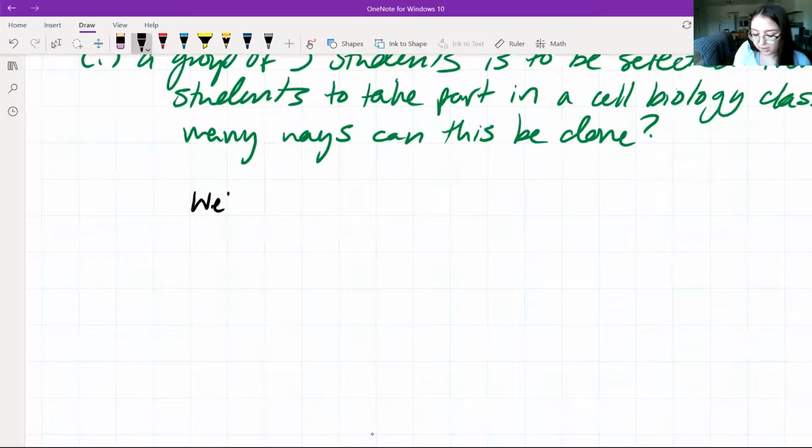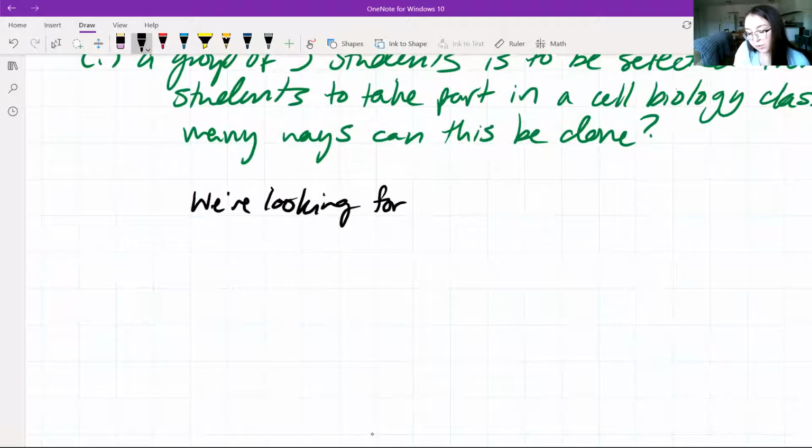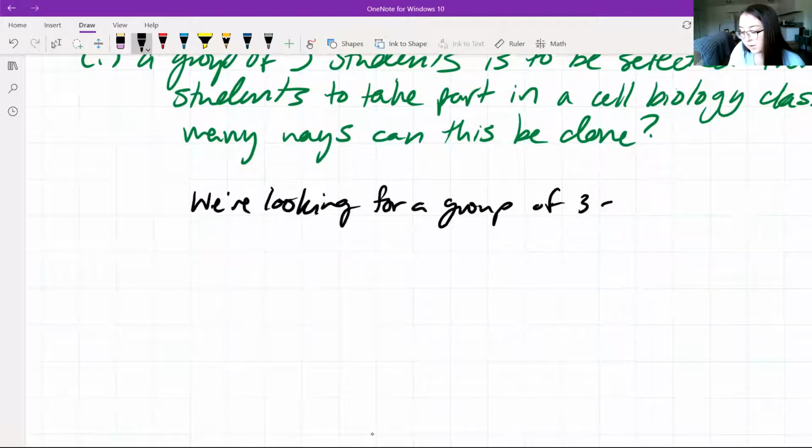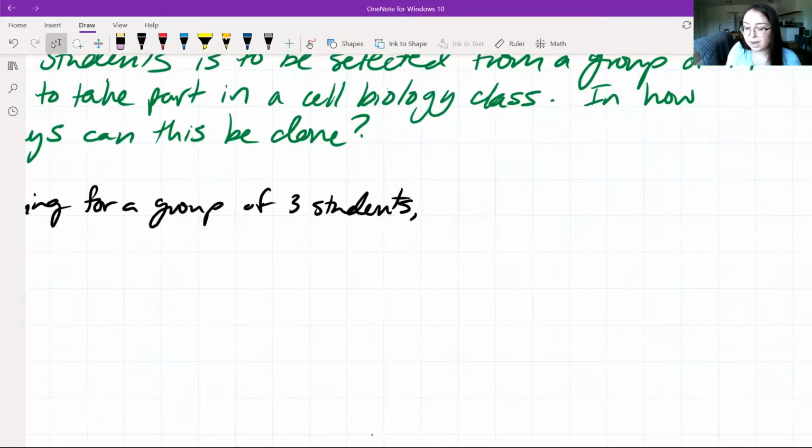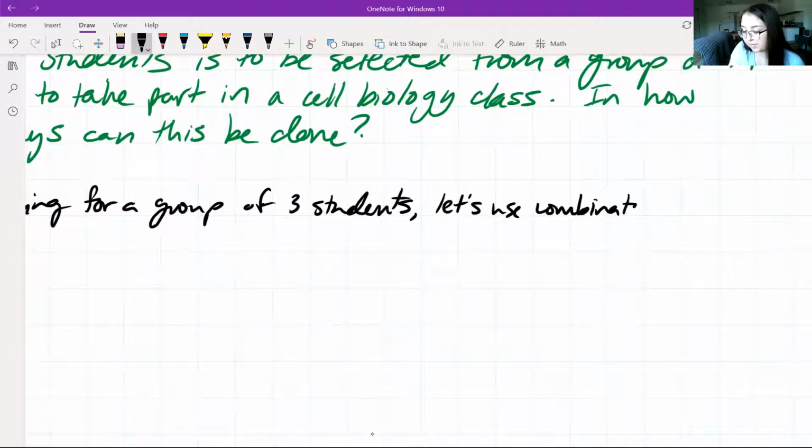Then we can say we're looking for a group of 3 students. Order doesn't matter, so let's use the combination formula.